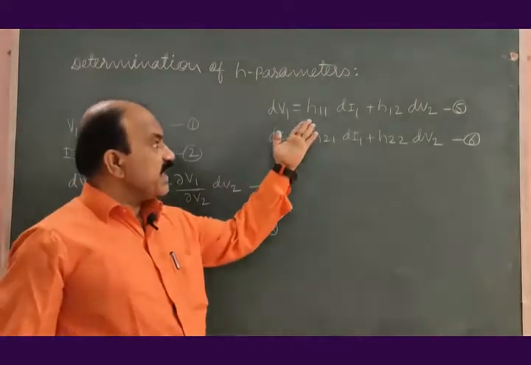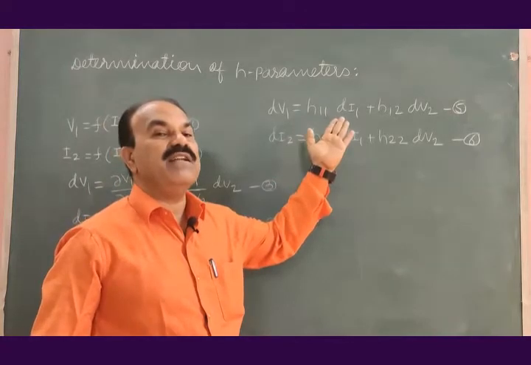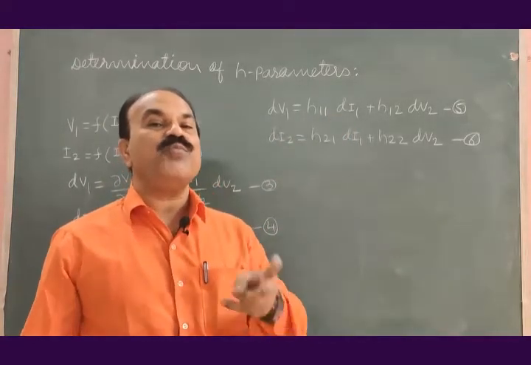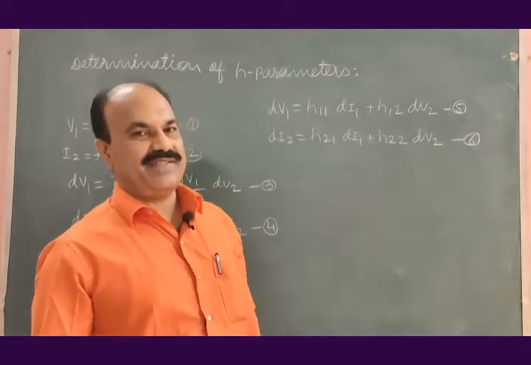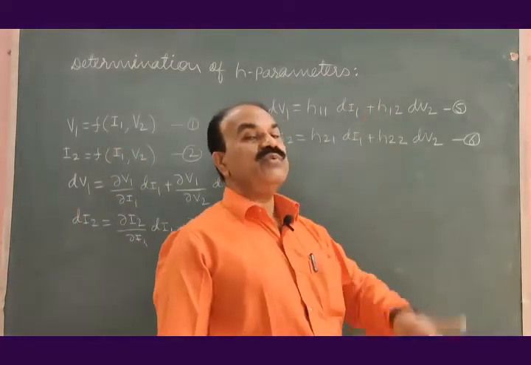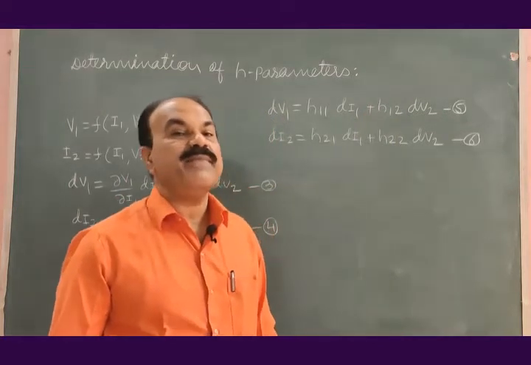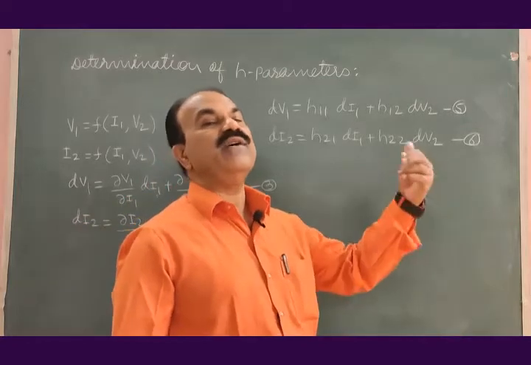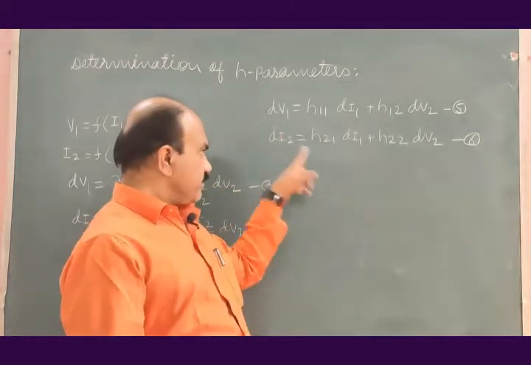And I have written this as H11. It is a constant parameter which is a ratio of two input terminal quantities. H12, it is a constant parameter, ratio of input terminal quantity and output terminal quantity.